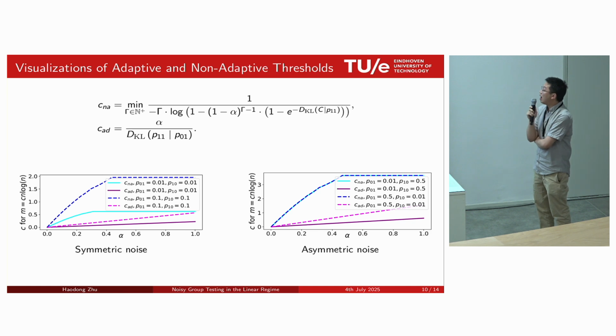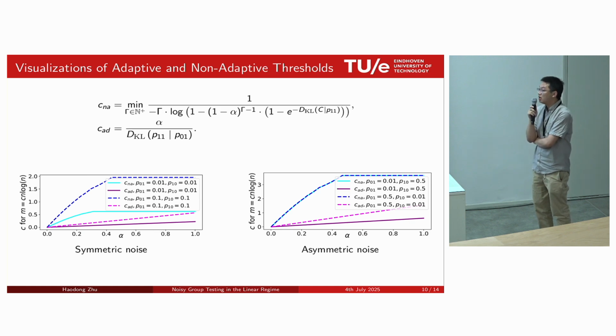Here are two graphs that illustrate how the value of C increases as alpha, the probability that an individual gets infected, increases. It is worthwhile to mention that in the non-adaptive case, for large alpha, the C stays the same. It corresponds to the case where the gamma that minimizes the function on the right-hand side is equal to 1.